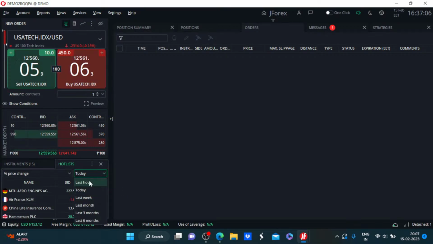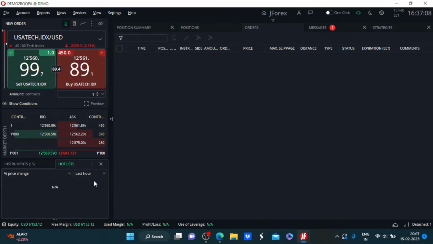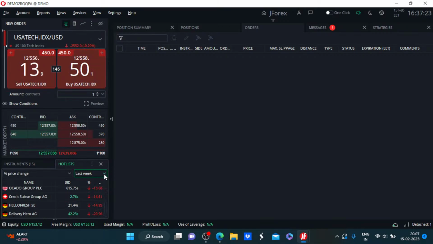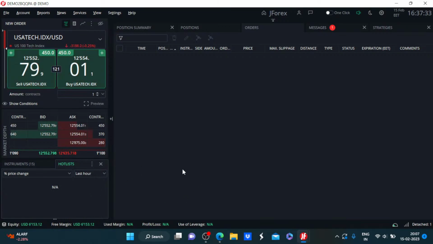You can even go for last hour, week, day. All these options are provided. Last hour, as of now, it is showing nothing. Let's consider last week. So all these stocks which have gained or lost substantially are included in the hot list. Maybe after some time, the US stocks will show up here in last hour.